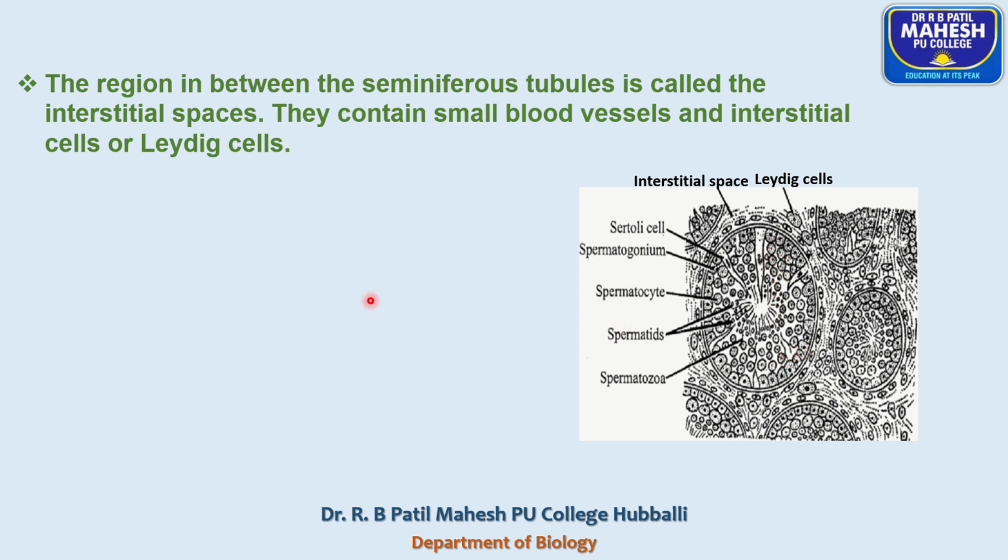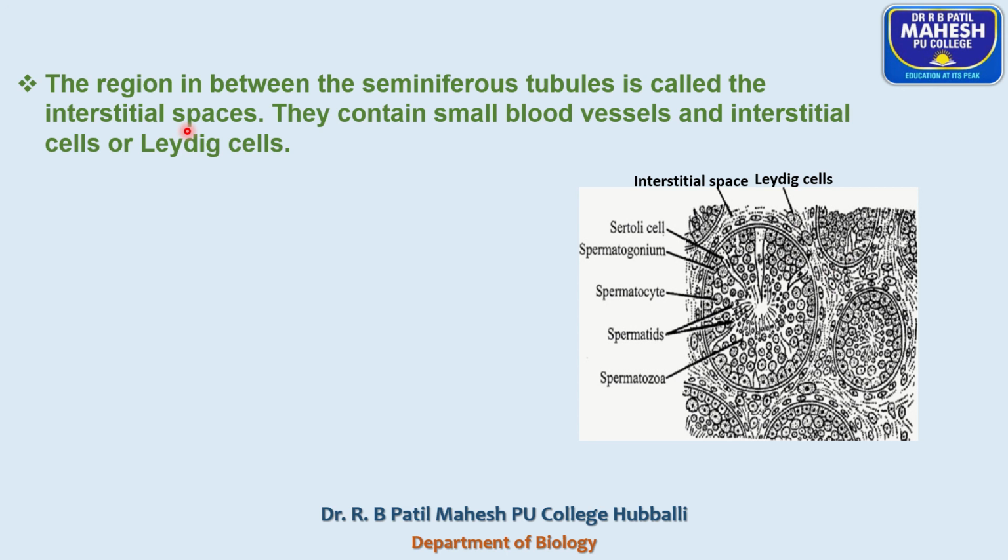And you already know that each testicular lobule consists of 1 to 3 highly coiled structures called seminiferous tubules. In between two seminiferous tubules, you find a space, and this space is called interstitial space.